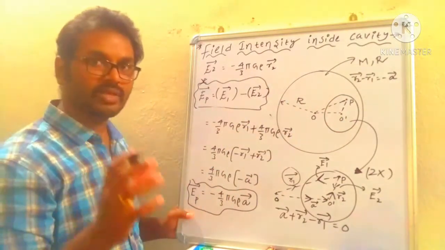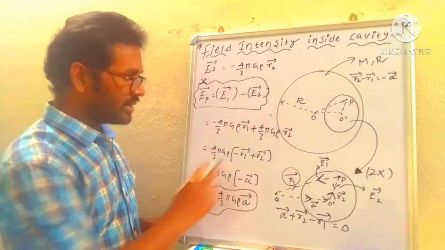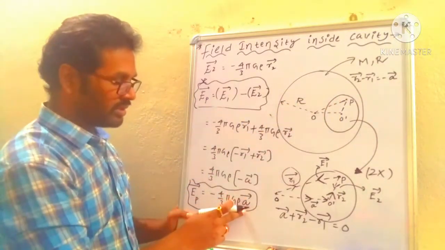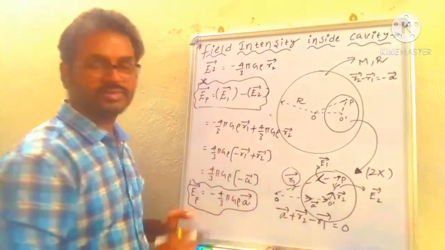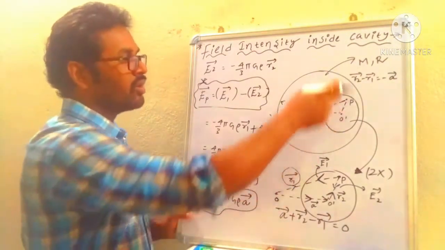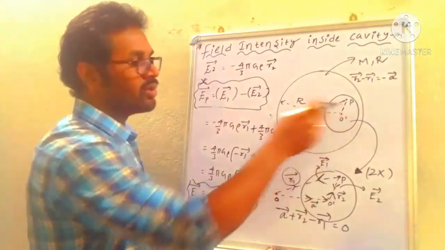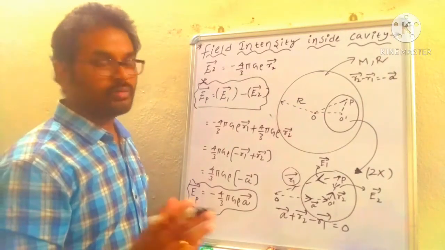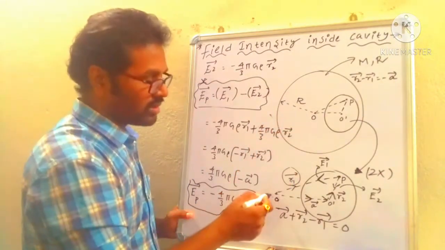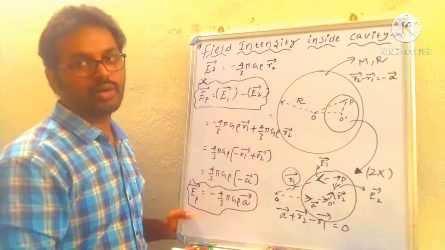By looking at this expression we can say the field intensity at this point depends on the separation between the two centers: the center of the bigger sphere and the center of the cavity. It is not depending on the position vectors R1 bar and R2 bar.